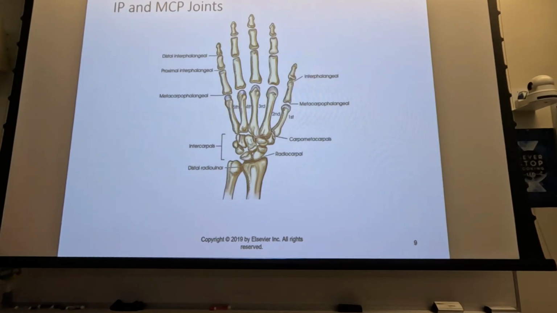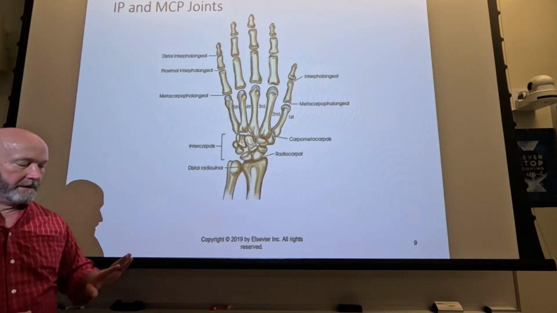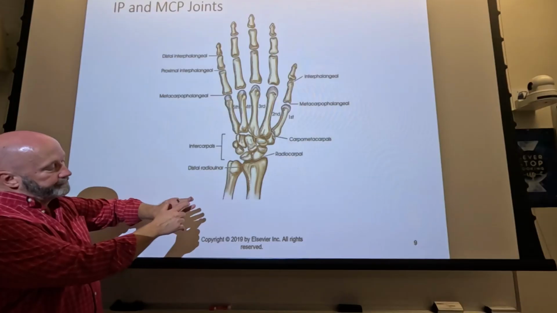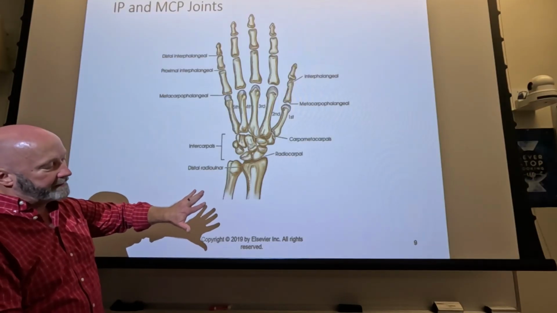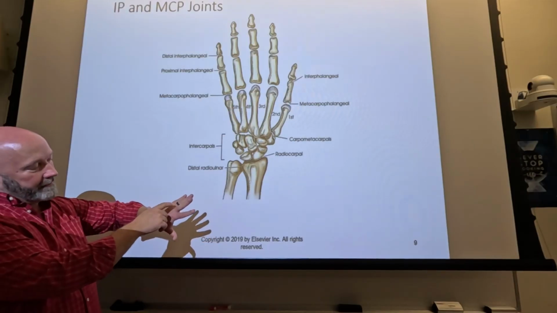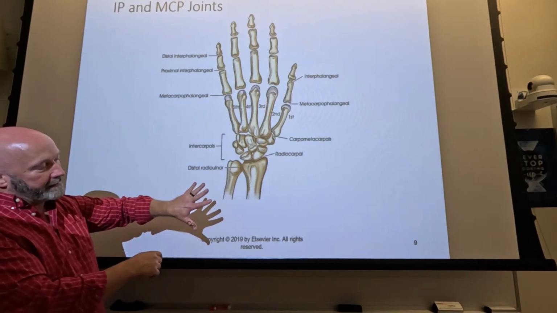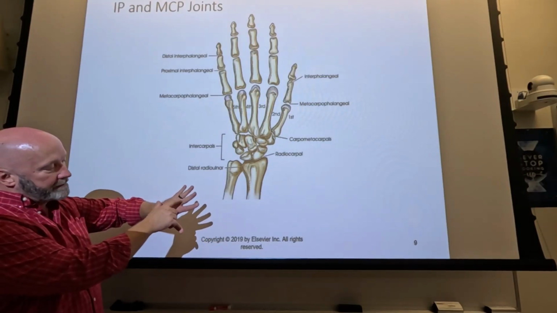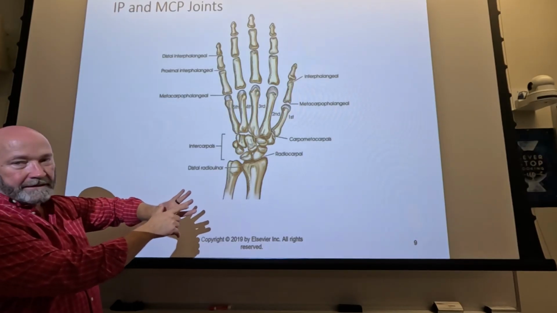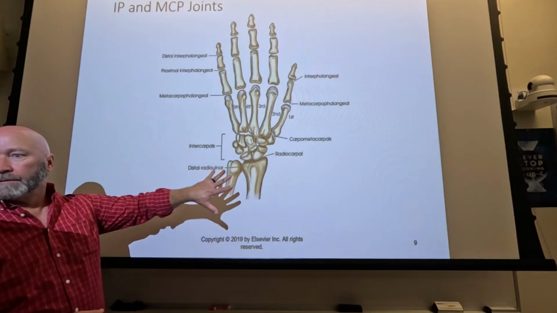So if a patient came in, they had a laceration, which is just a cut, right across this knuckle right here, how we would identify that is 1, 2, 3, third. You've got three individual phalanx, so we've got proximal, intermediate, and distal. So that would be our distal interphalangeal joint.